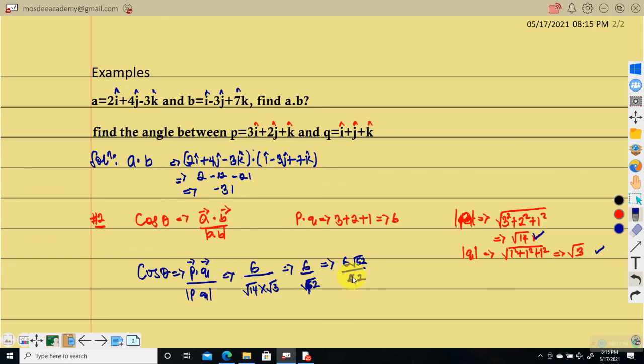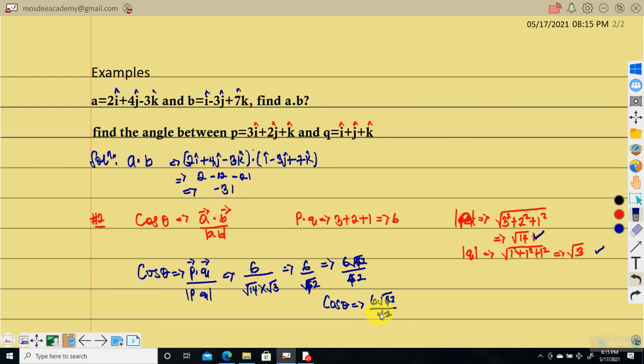You can put that one to the lowest term, and you can calculate the angle. That means cos theta is equal to 6 root 42 over 42. What I did there was just to rationalize.